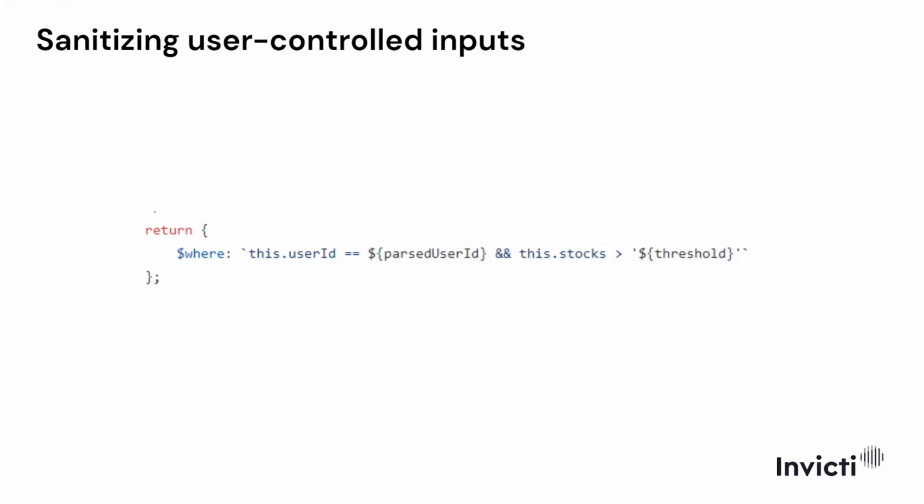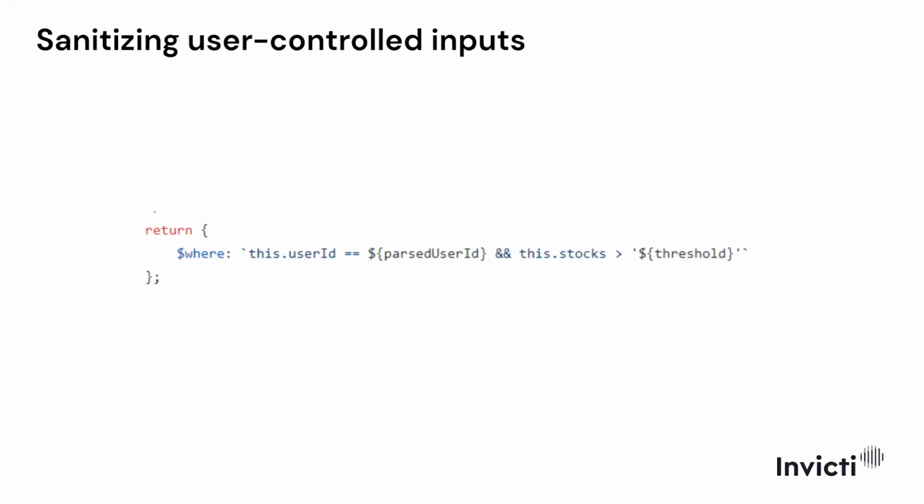From the names of the variables that you can see in there, you can already guess that the user ID is passed in some way. And in this case, it is actually cast to an integer.